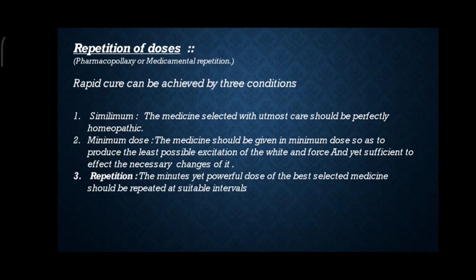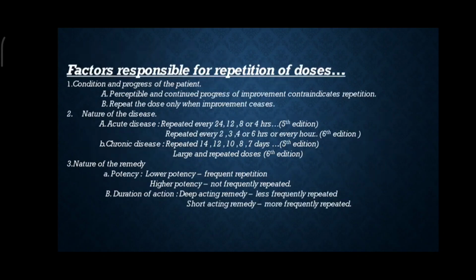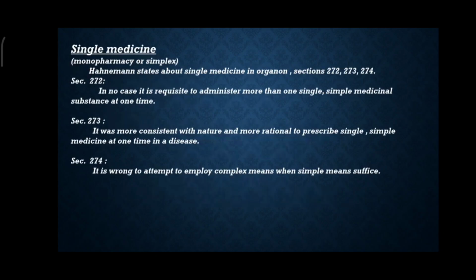Frequency. Next comes single medicine. It is also called as monopharmacy or simplex. Hahnemann states about single medicine in Organon, aphorisms 272, 273 and 274. In aphorism 272, it is given that in no case is it requisite to administer more than a single simple medicinal substance at one time.